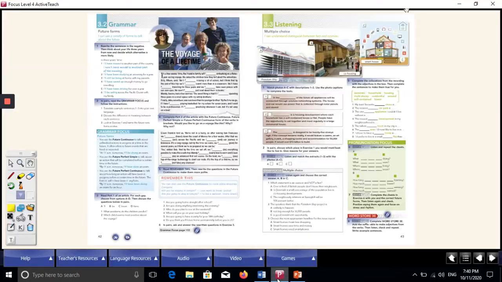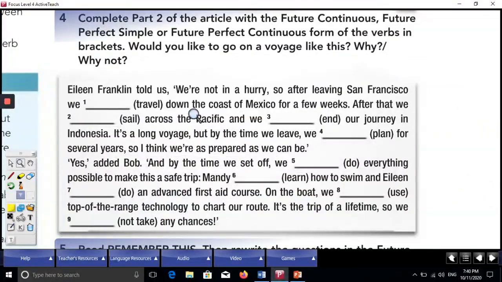exercise 4 to complete with one of three tenses that I have been speaking about. Alien Franklin told us, "We are not in a hurry, so after leaving San Francisco, we will travel down the coast of Mexico for a few weeks."